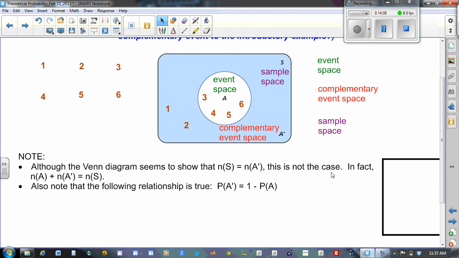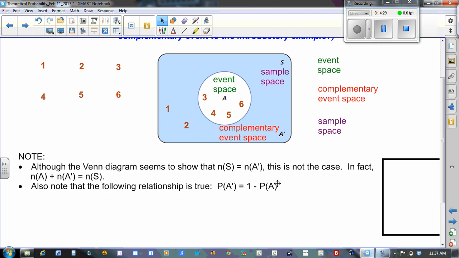This is not the case. What we're here to say is that the number of elements outside of A in the complementary space plus the number of elements in the event space together comprise all of the elements in the sample space.